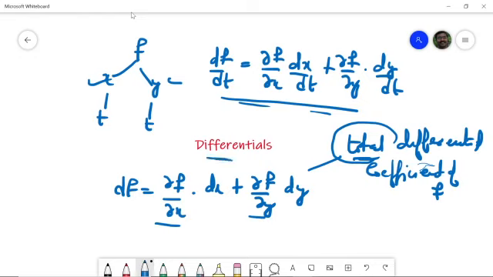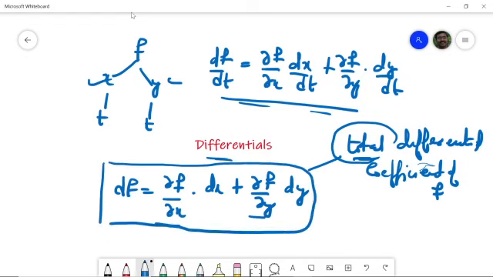So this is called the total differential coefficient, or simply the differential of f. What is the use of this differential? It will help you to estimate the change in f when you know the change in x and also the change in y. For example, if you are measuring the length and the breadth of a rectangle, and on measurement some errors have crept in, some error in the length and also some error in the breadth, we have to analyze how these errors will affect the error in the computation of area.